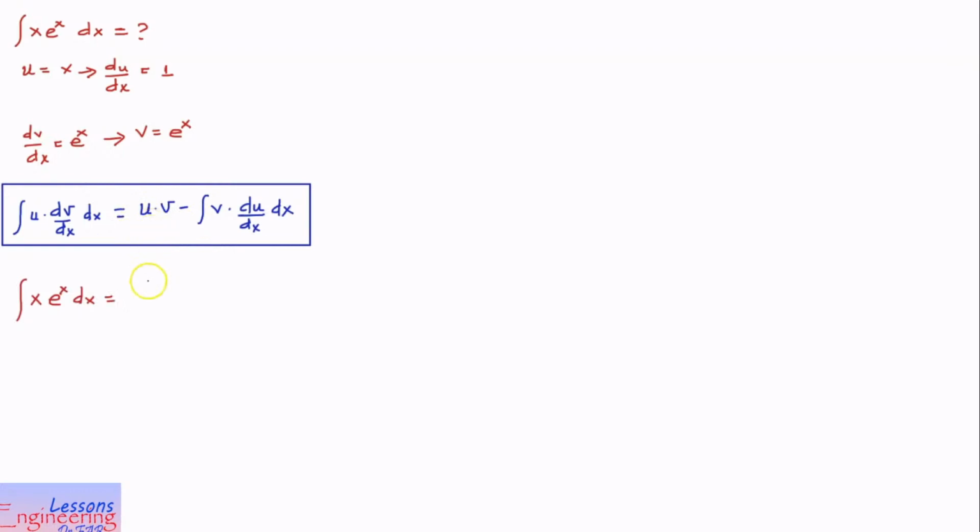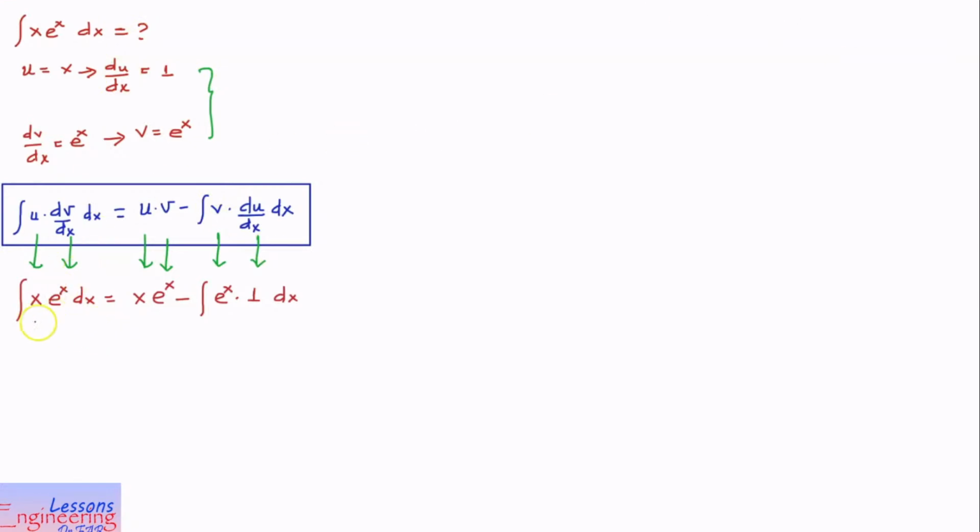That equals u, which is x, times v, which is e raised to x, minus the integral of v, which is e raised to x, times du by dx, which is 1, dx. What we were doing was relating this in terms of the defined variables based on that assumption. So this is fairly easily solvable.